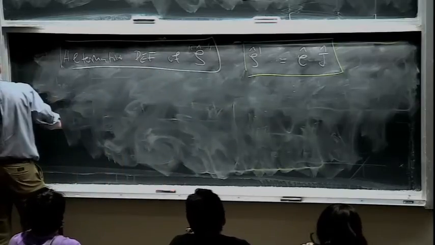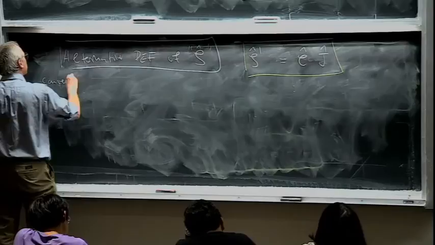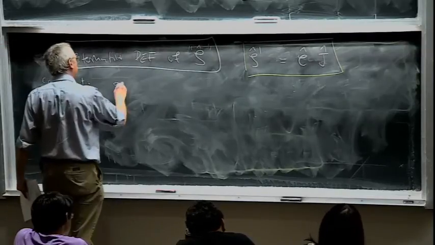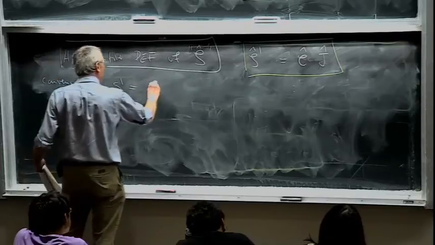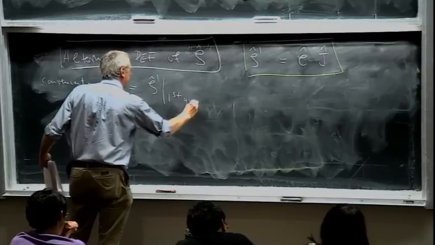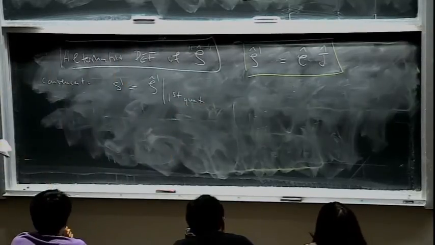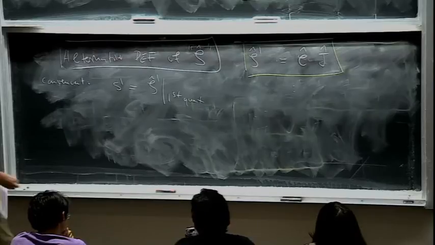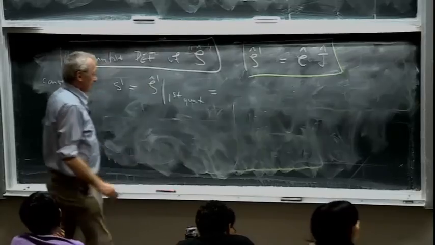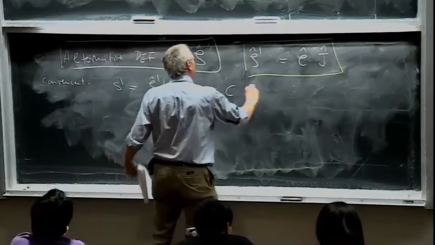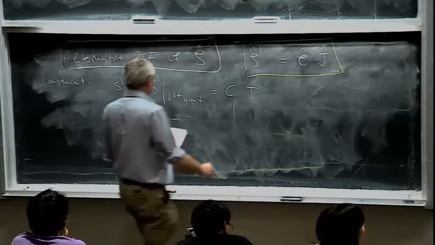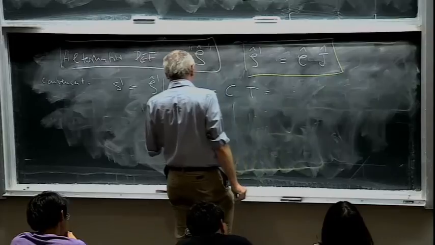And then, again, it's convenient to introduce the first quantized version of this. So it's the second quantized operator acting on the first quantized Hilbert space alone. And so we know what this is. It's C times T as opposed to T times C. And we can of course work this out.